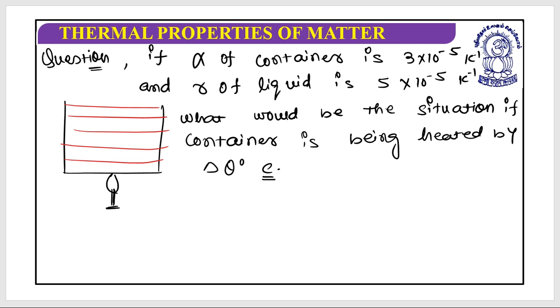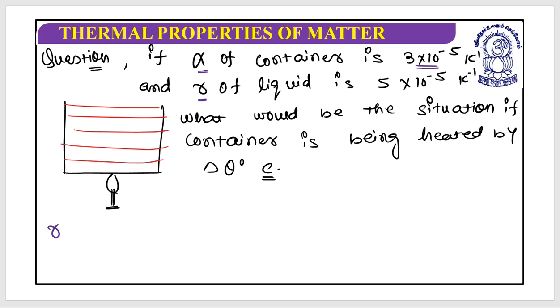So what I need to do is just check both the gammas. The mistake we commit is this is alpha, and we are in such a hurry that we don't understand that this is alpha. This is just the linear expansion of solid. But I need to compare gamma. It's the volumetric expansion that is to be compared.